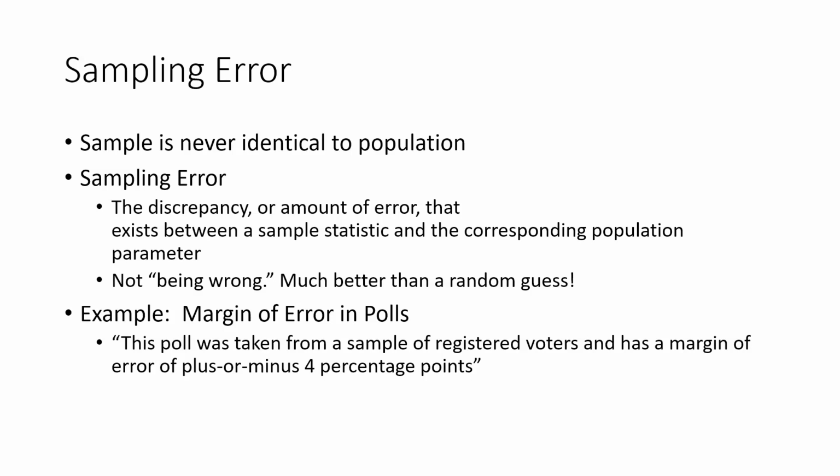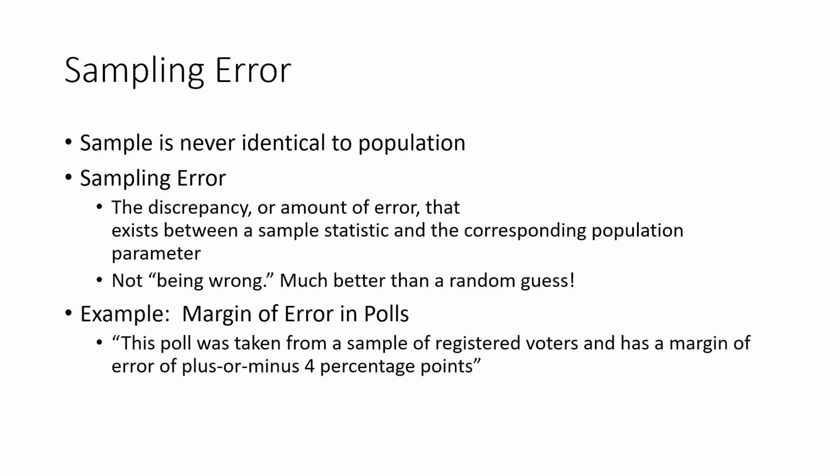But if you took a random sample of people in the United States and measured their actual weight, you wouldn't be exactly right about the real weight of all the people in the whole United States, if you magically could know all of their weights, or if you somehow had the means financially and logistically to bring all of them into a laboratory and weigh every single one of them and compute the average of all of them. Your sample wouldn't reflect the population perfectly, but it would be way better than a random guess. Anyway, again, the difference between the sample statistic and the population parameter is known as sampling error.